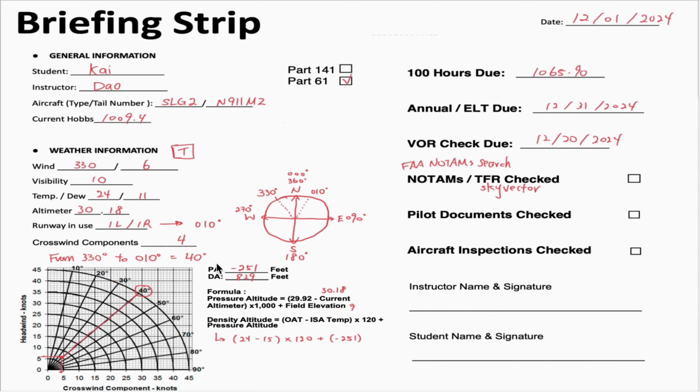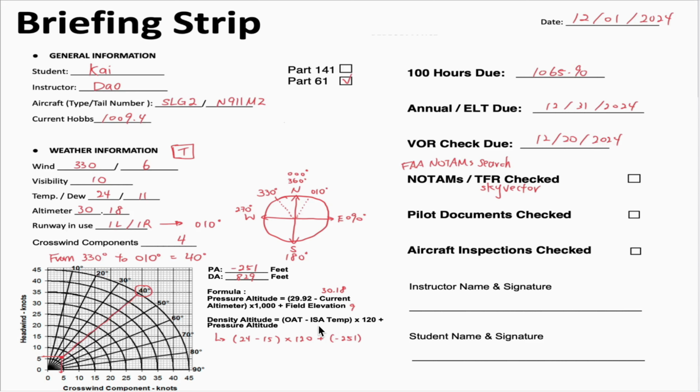The purpose of calculating pressure altitude is so that we can calculate density altitude. The density altitude for the day will be 829 feet. We'll use the formula here again. To calculate density altitude, we need the outside air temperature for the day, which is 24 degrees Celsius, minus the International Standard Atmosphere temperature, which is always 15 degrees at sea level.